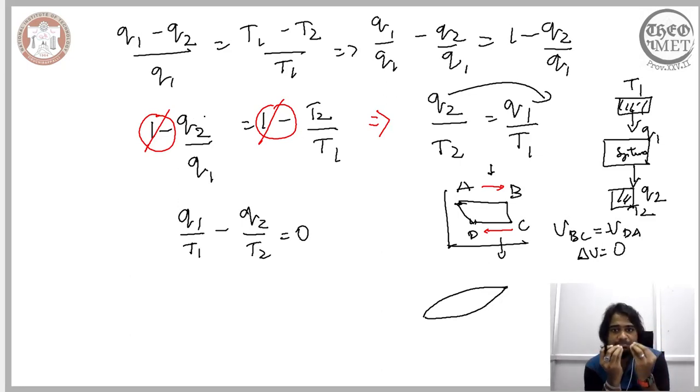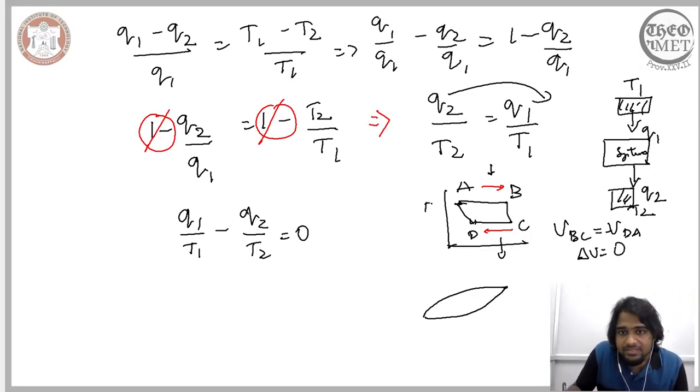Both these parameters are largely associated with the transition of the system from state A to state B and state C to state D. The transitions from B to C and D to A do not involve any heat transfer and are not directly involved with the temperature of the reservoir. So essentially this allows us to simplify the Carnot cycle into the one here.